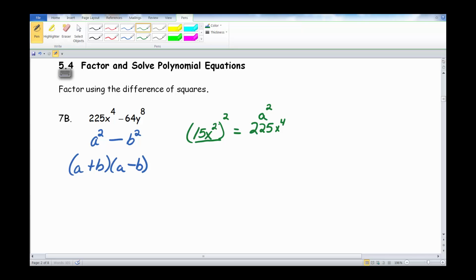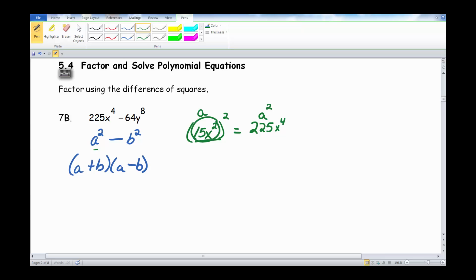Because again, multiplying those exponents, 2 times 2 would give you x to the fourth. So right here, what we've done is identified this is our a. Again, before we had a squared according to the actual problem, but we were trying to get just a.